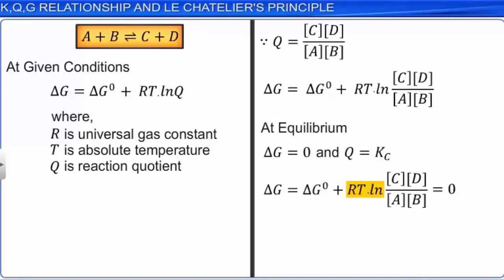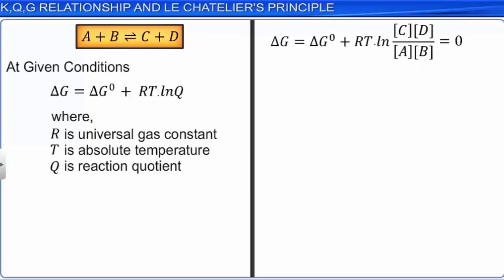This can be written as delta G naught is equal to minus RT ln Kc, or ln Kc is equal to minus delta G naught divided by RT. Taking antilog on both the sides, we get Kc is equal to e to the power minus delta G naught divided by RT.